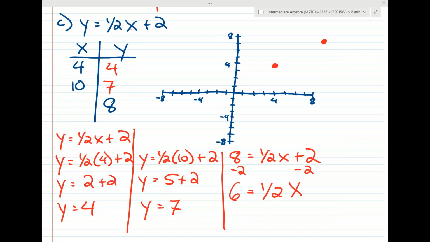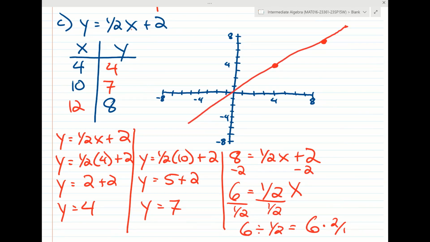What's 6 divided by 1/2? Remember, we talked about this before with fractions. That's the same as 6 times 2 over 1, which is 12. And when x is 12, we'll go to 8. It's a little off the graph here, but you get the idea. The line would look something like this.